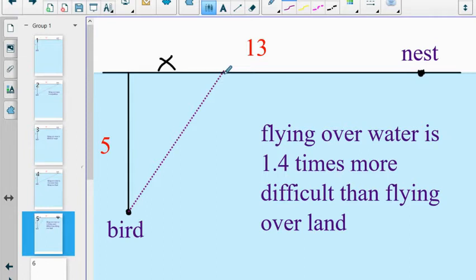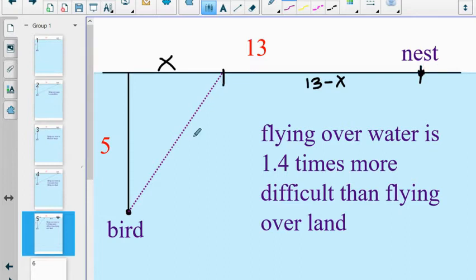Now, I need to get these distances in terms of x. This one's going to be easy. If the straight line total distance from one place to the other is 13, and x is the distance along this part of the triangle, well, then this distance is just 13 minus x. And that's not too bad. So he's going to fly 13 minus x miles at, well, the easier energy expenditure rate.